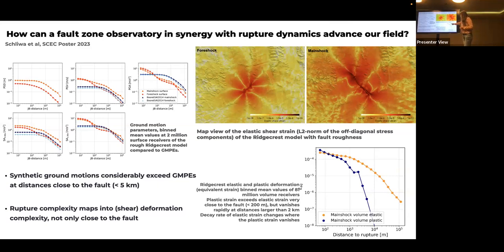What's interesting here is that very close to the fault, at 200 meters, the plastic deformation, so the inelastic components, exceeds the elastic strain, but this signal vanishes really quickly at distances larger than 2 kilometers. But the decay rate of the elastic strain changes as soon as the impact of this plastic deformation is not as big anymore. So this is important if you're thinking about what we might measure with, for example, a gas network.